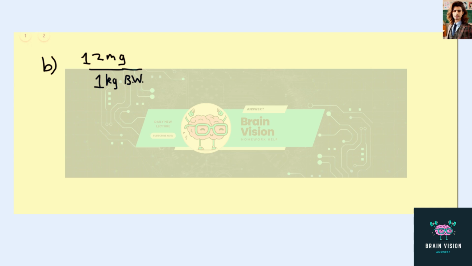And then it asks, how many grams per day should a 75 kilogram adult receive? So we want to find our quantity X grams per 75 kilogram body weight.